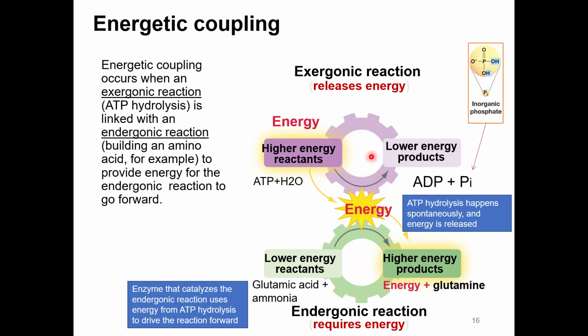We're releasing energy from the ATP hydrolysis, and then that energy is taken up by the glutamine synthesis reaction here and ends up coupling together, what we would refer to as energetic coupling.